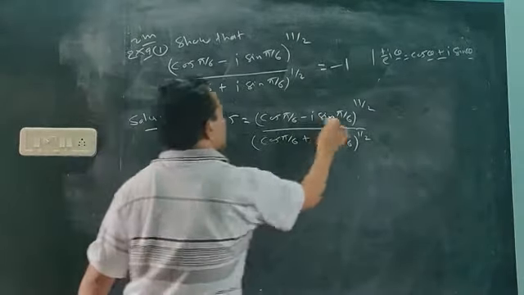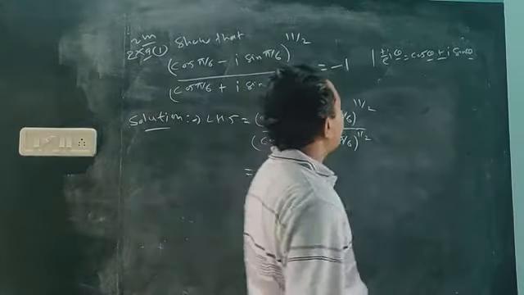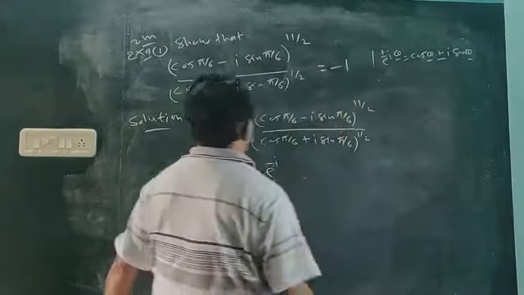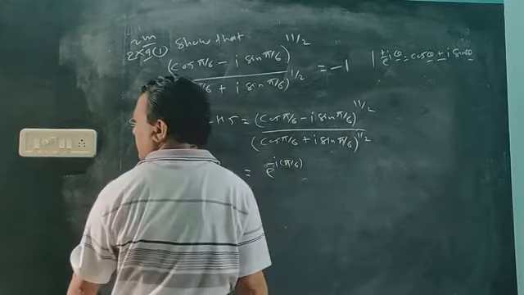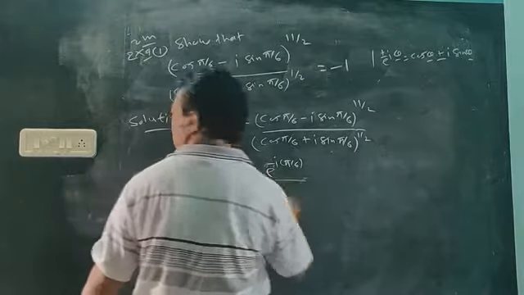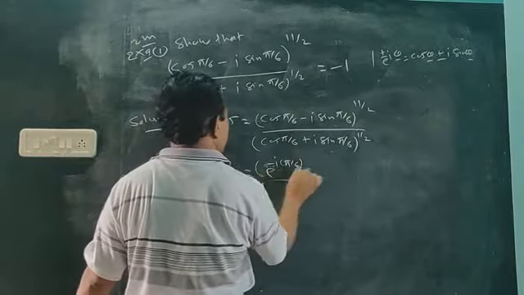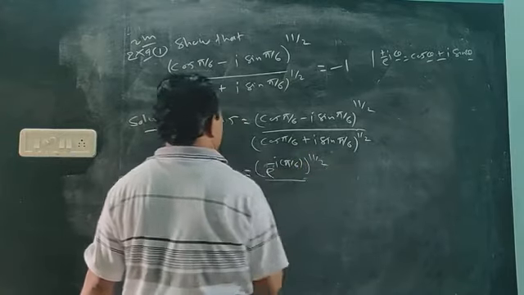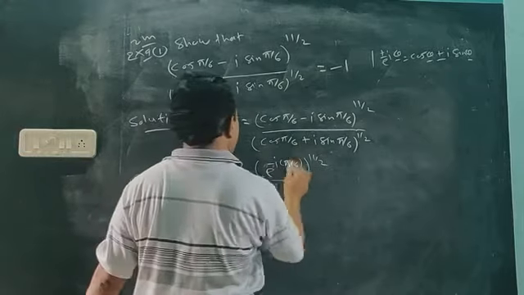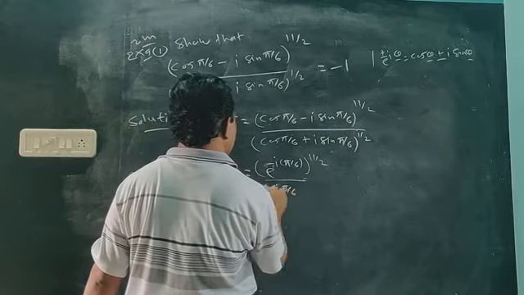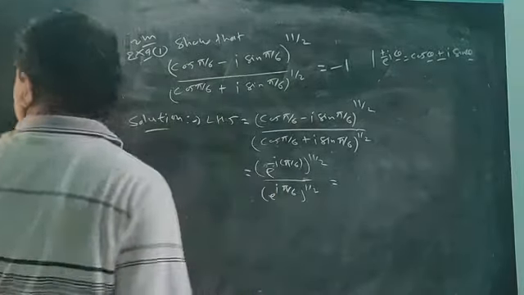So e raised to power minus I pi by 6, raised to power 11 by 2, upon e raised to power plus I pi by 6 raised to power 1 by 2.